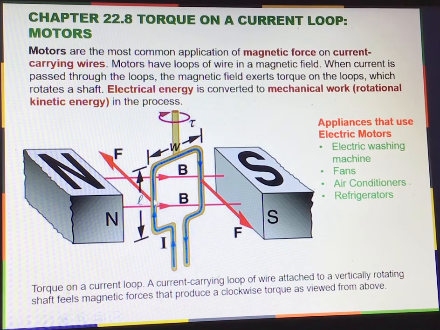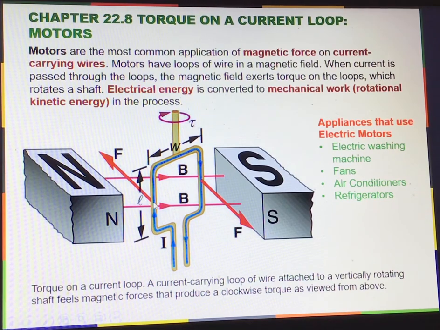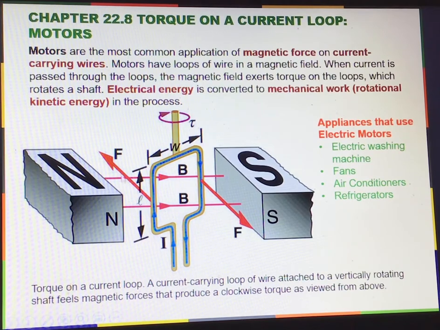If you use the right-hand rule, if you know the direction of the magnetic field and the direction of the current, you can determine the direction of the force on the left side of this loop. The force on the left side is going to be pointing into the board, into the paper. The force on the right side is going to be pointing out of the paper.